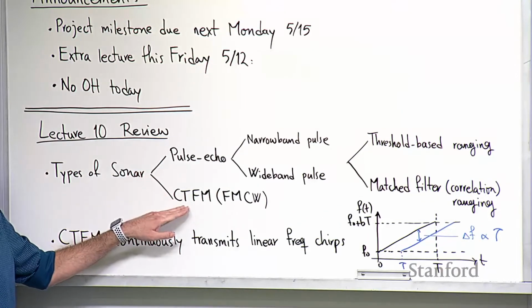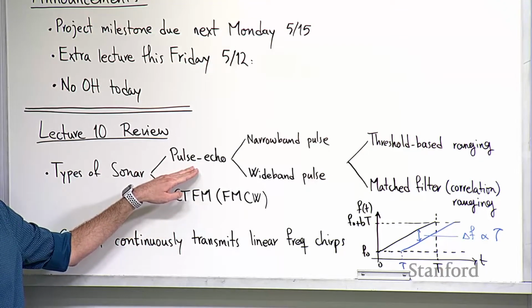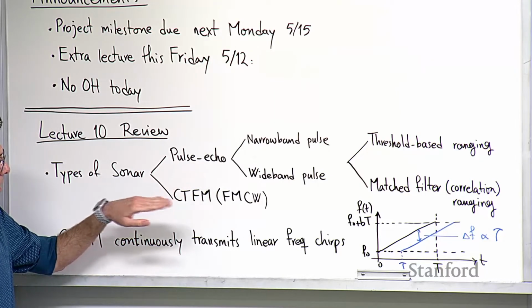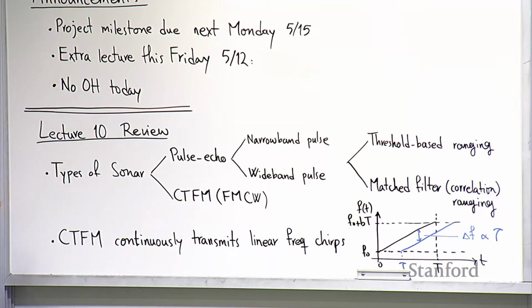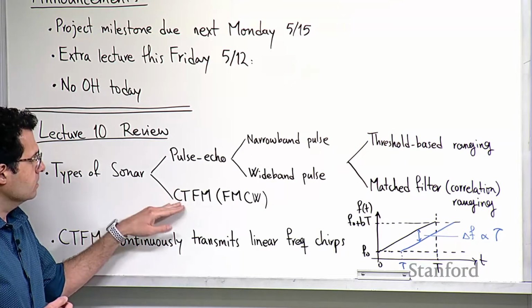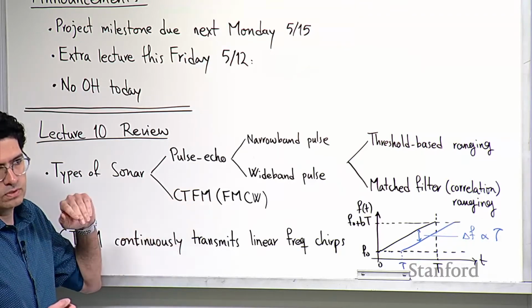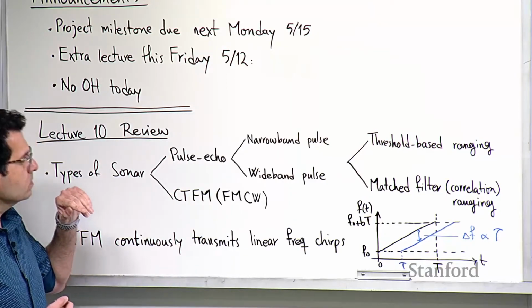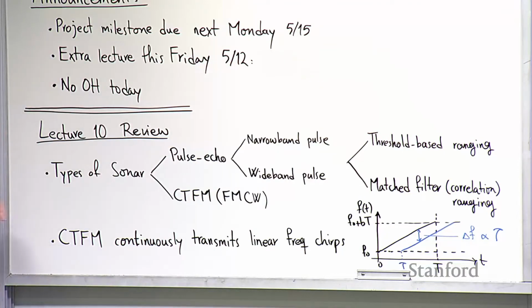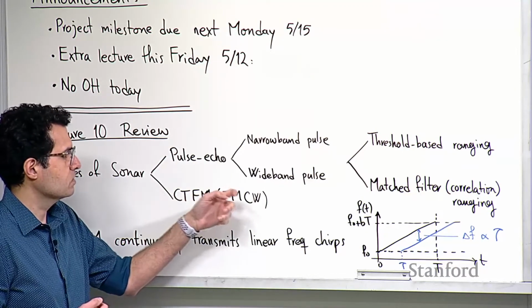That would be a pulse echo sonar or ultrasonic sensor. Or it is continuously transmitting signals, so there's no silence time. It's continuously transmitting, and that's a continuous transmission frequency modulated, or CTFM sonar, also called FMCW sonar, frequency modulated continuous wave.